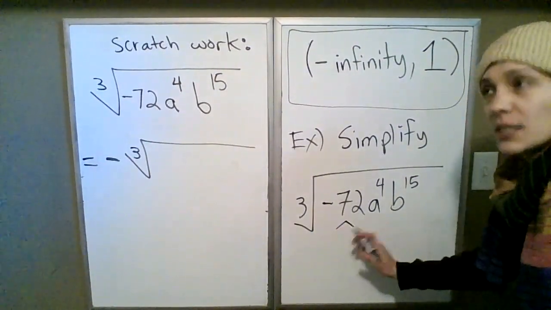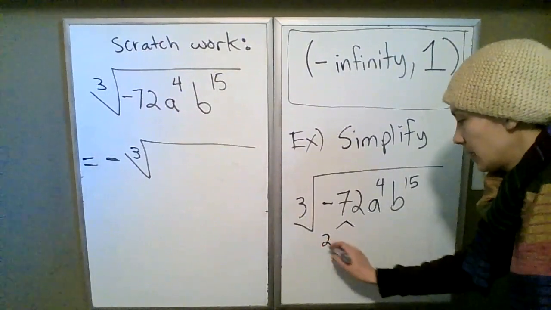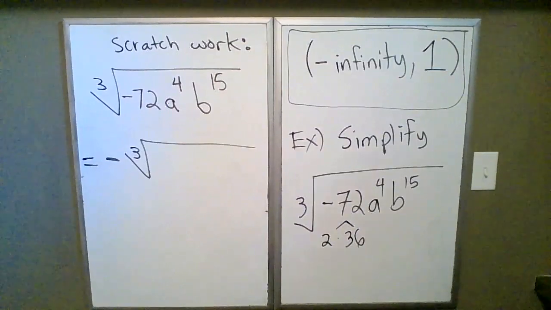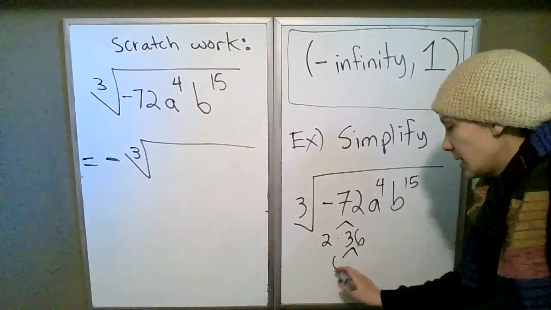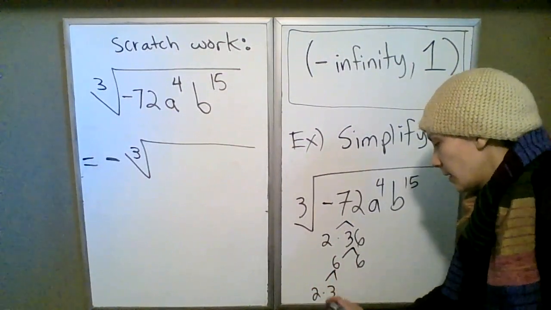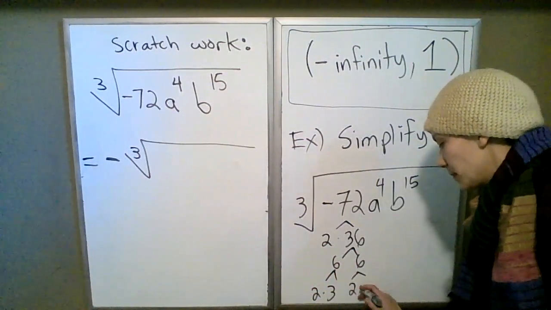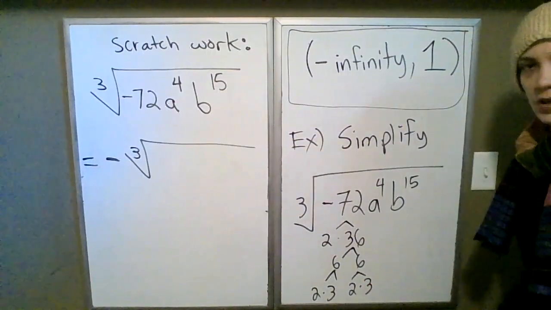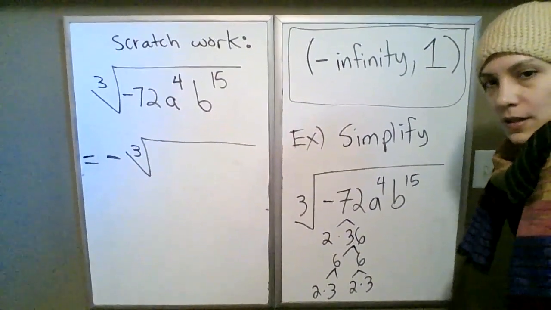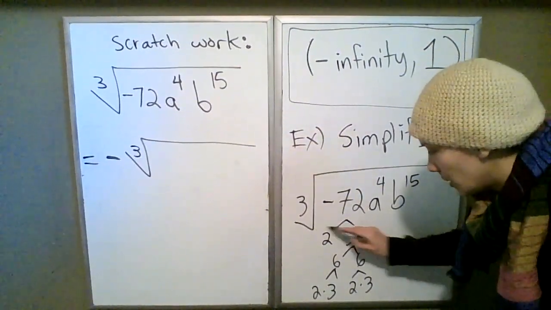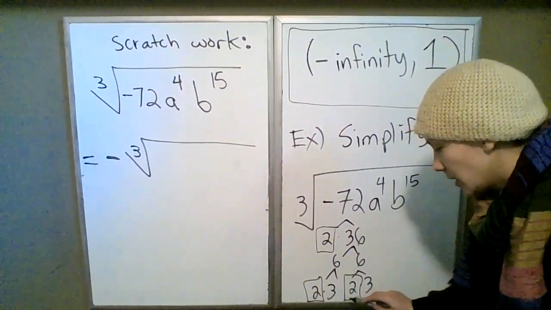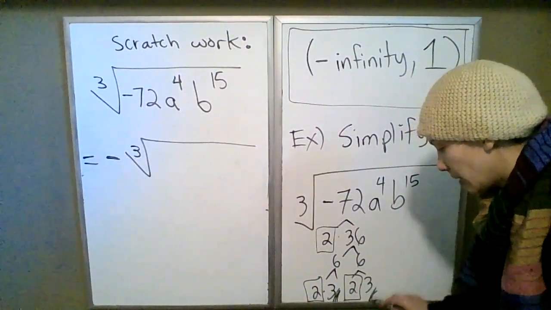It's 2 times 36. I wrote this as 6 times 6, and each of those is 2 times 3. 72 is 2 to the third times 3 squared.